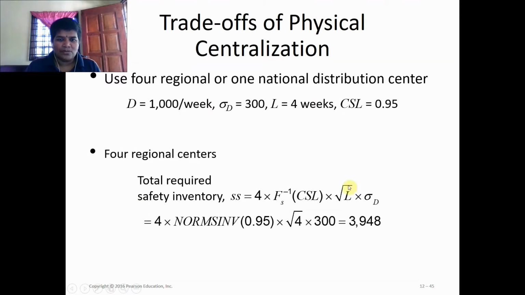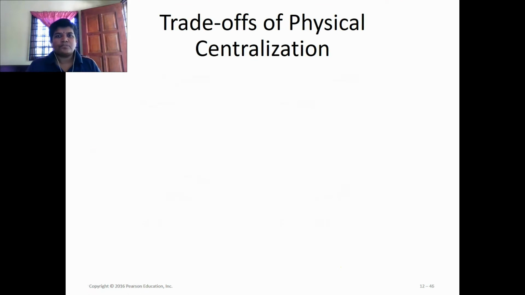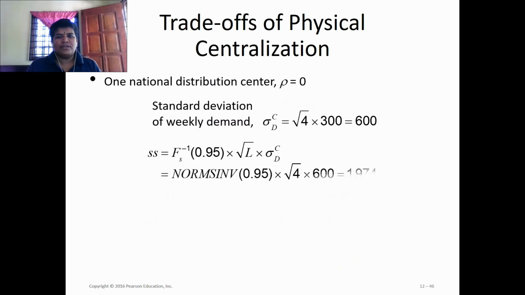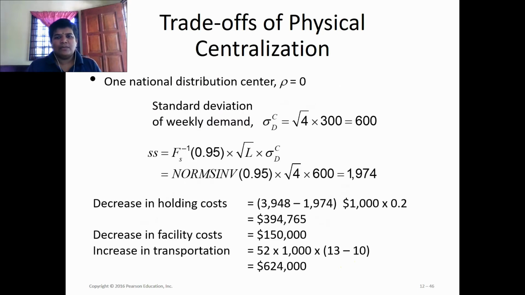You just plug in all the values and you will get a total required safety inventory for the regional centers of 3948 units. For one national distribution center, the standard deviation of weekly demand is 600. Plug in all the numbers and you will get a safety inventory of 1974.